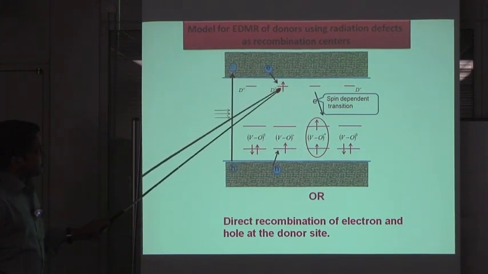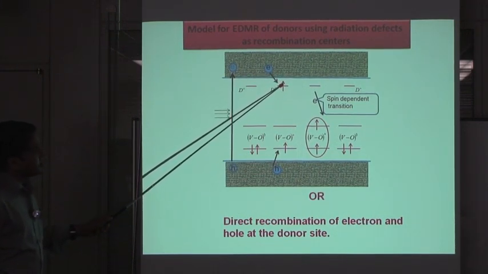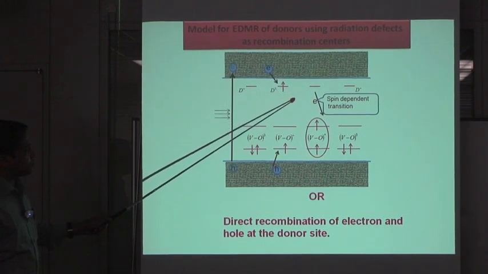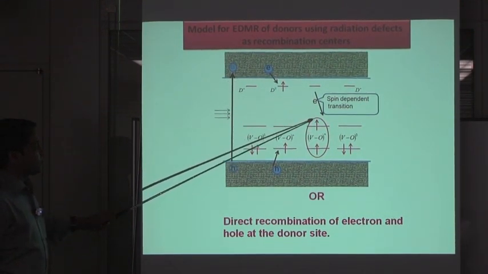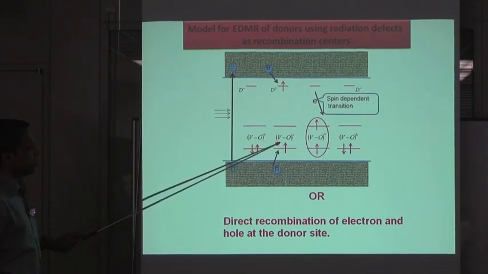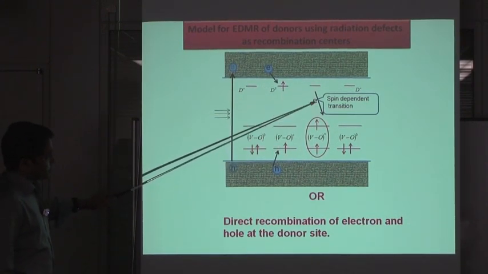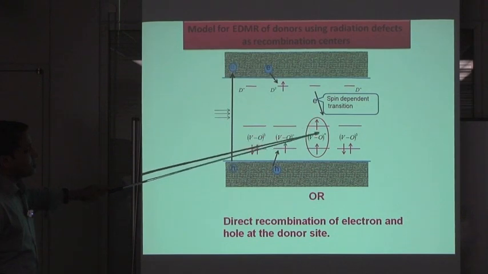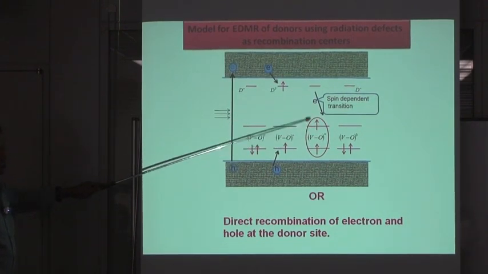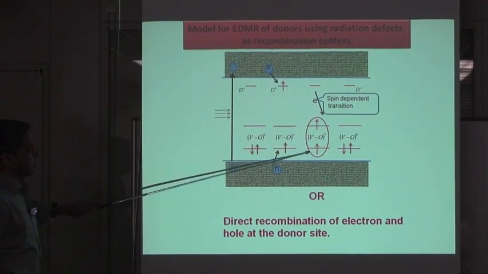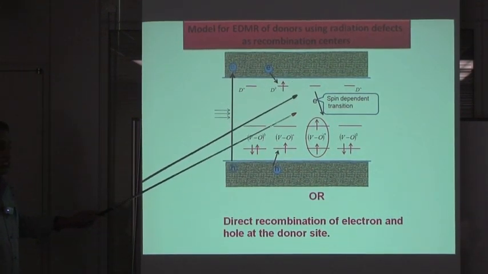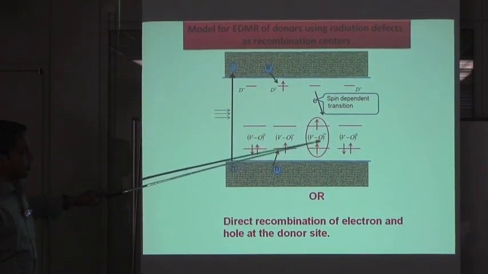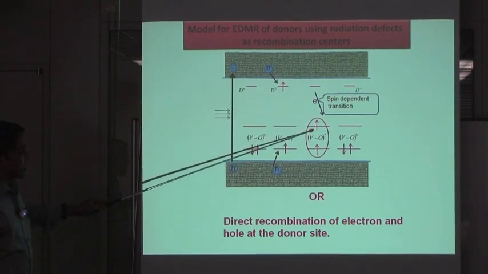The transfer of this electron to this level may be a spin-dependent transition, depending upon the spin of the hole. This is the SL1 center, which we generally see in our results, and we can also see the signal. So this state might be formed.